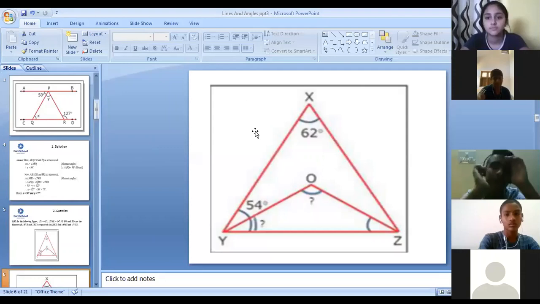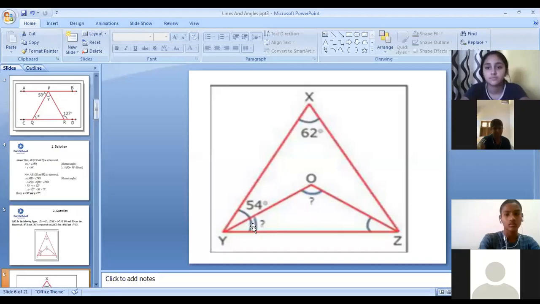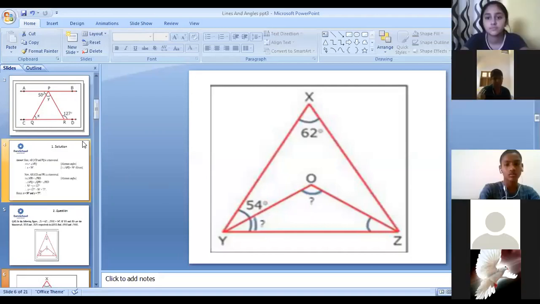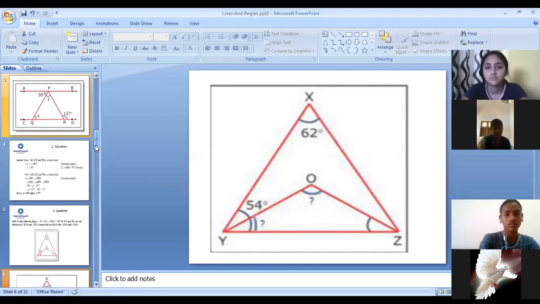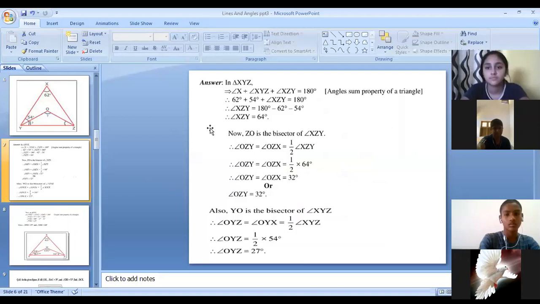In triangle XYZ, angle X is 62 degrees. Angle Y is known as 54 degrees. How to find the remaining angle Z? Using the angle sum property of a triangle. What does it say? Sum of interior angles equals 180 degrees.